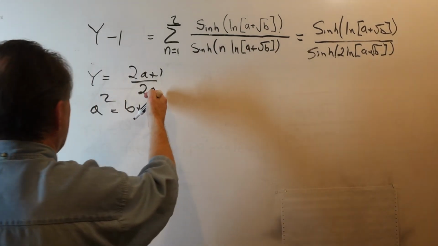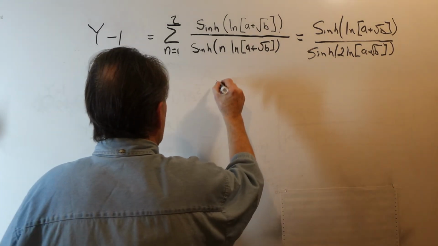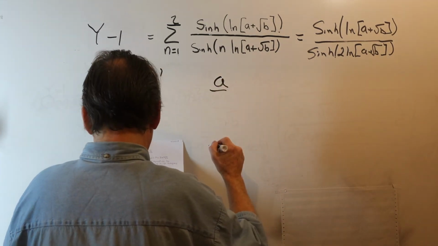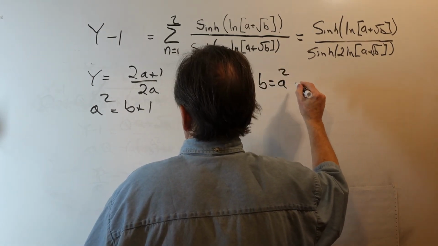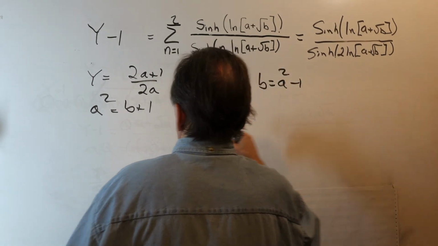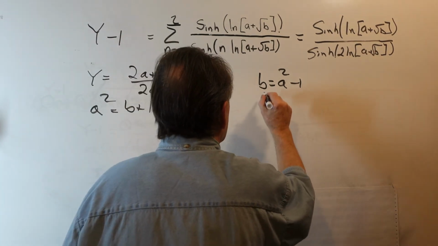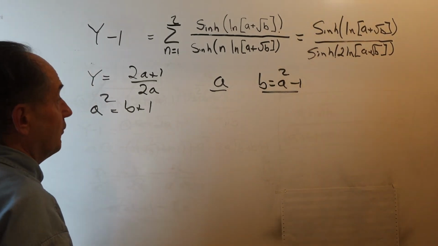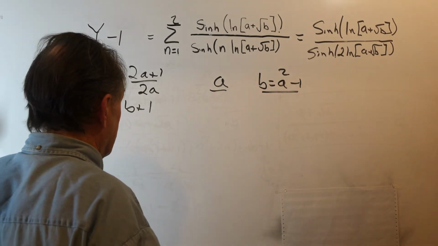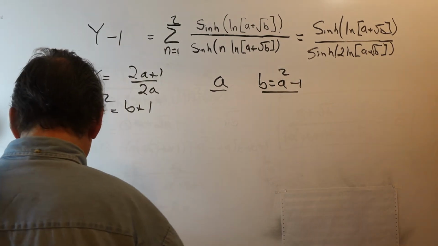We can choose a, and from a we can get b. So if this is our a, then b is equal to a squared minus 1 from here. And a and b will be integers. If a is an integer, then a squared minus 1 will also be an integer.